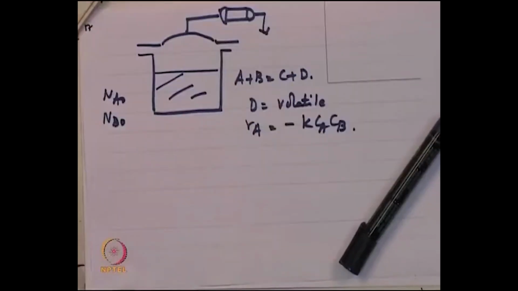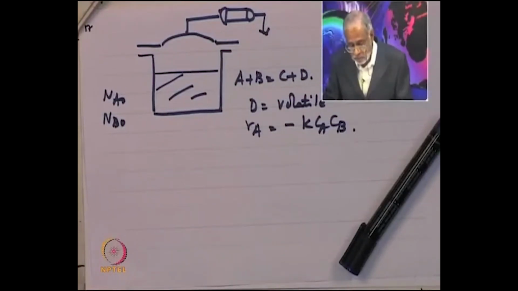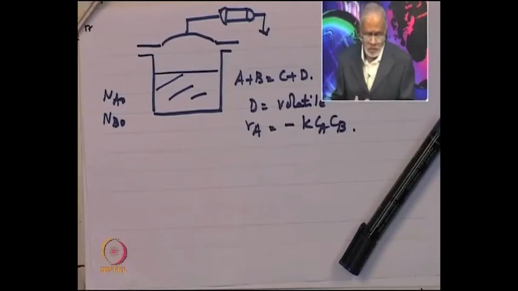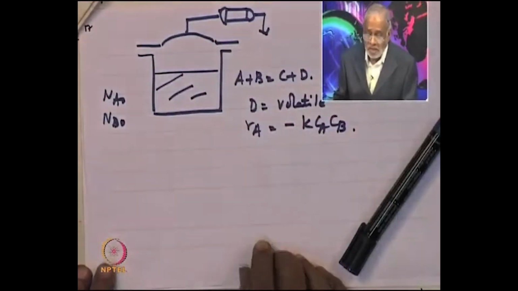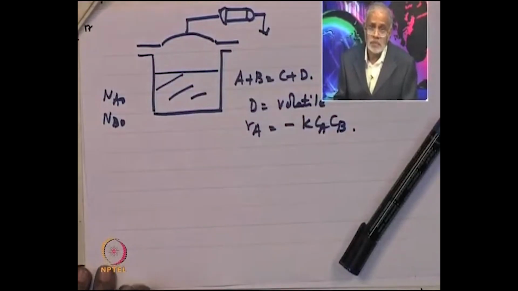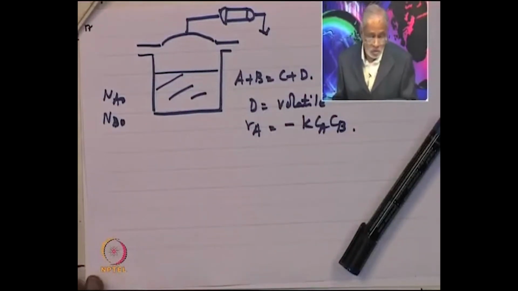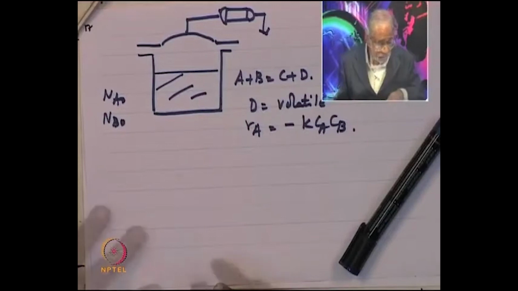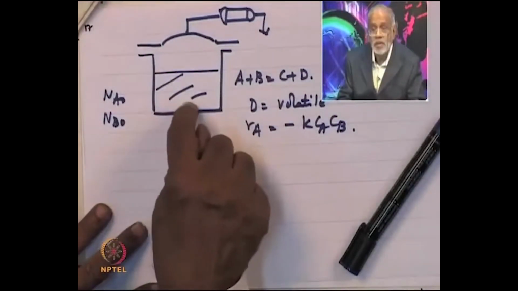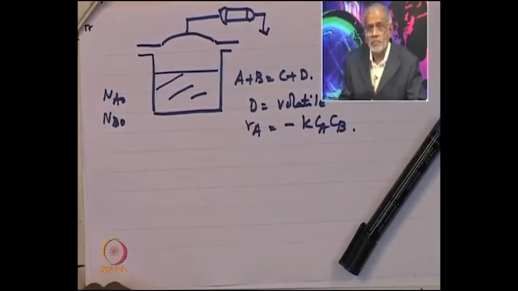So, the exercise in front of us is a reaction A plus B going to C plus D, and the product D is volatile. Therefore, we are able to boil it off and then condense it. Now, the question in front of us is how the volume of fluid in this equipment will change with time.